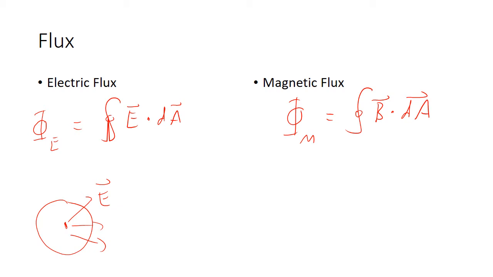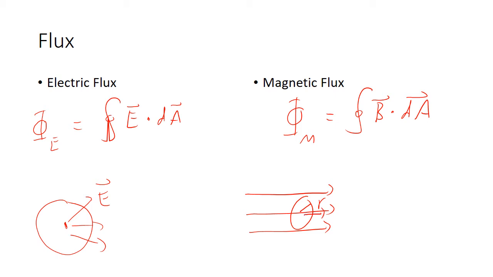So if we have a surface here, magnetic flux will be the total magnetic field through that surface. So if, for example, we had a circle right there, and the circle was radius r, and the magnetic flux was going straight through there, dA is going to be a vector in the direction that's orthogonal to the surface.